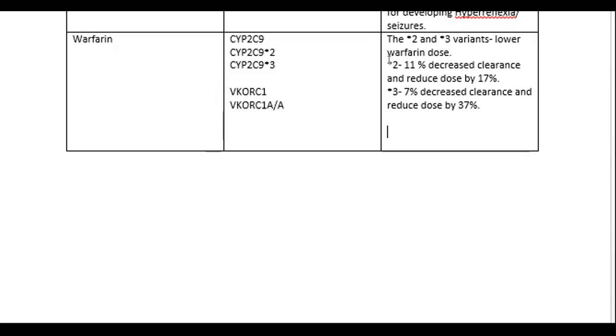So we conducted a study by giving a 37% reduction in the dose. For those patients, we have seen beneficial results like preventing the bleeding. That is the reason, even though it is a 7% clearance decrease, we need to reduce the dose by 37%. And coming to the next is VKORC1 A/A.